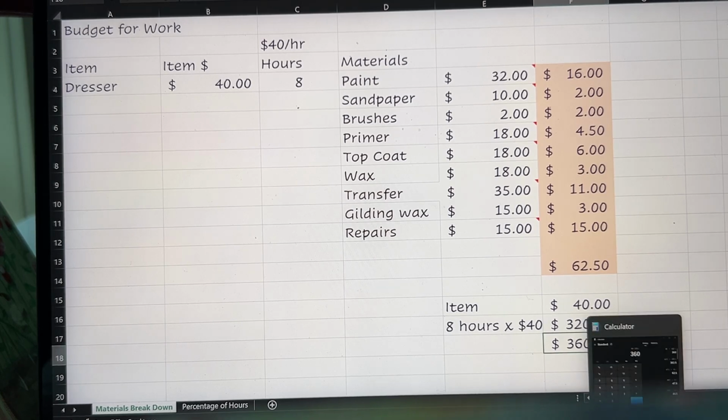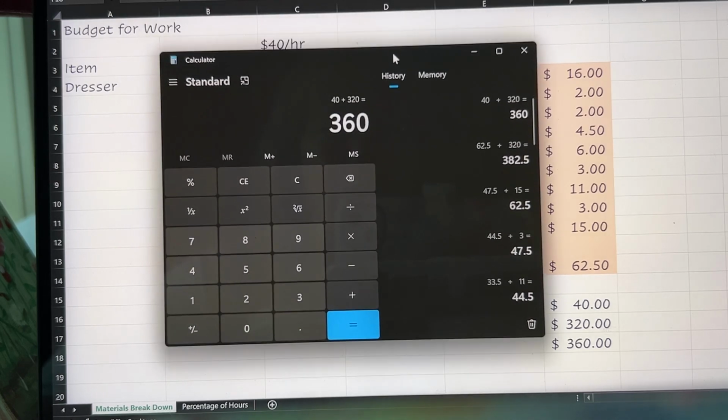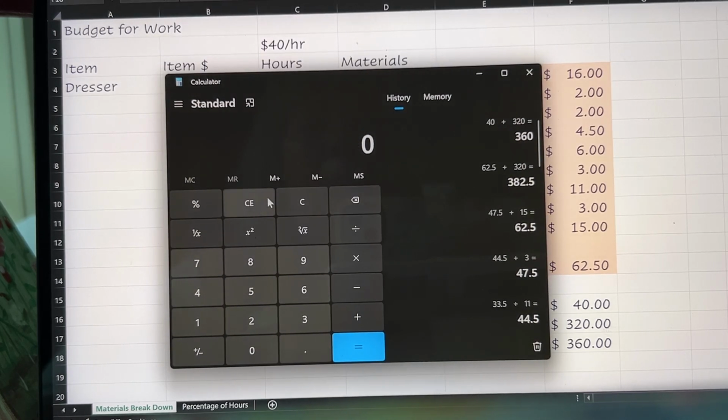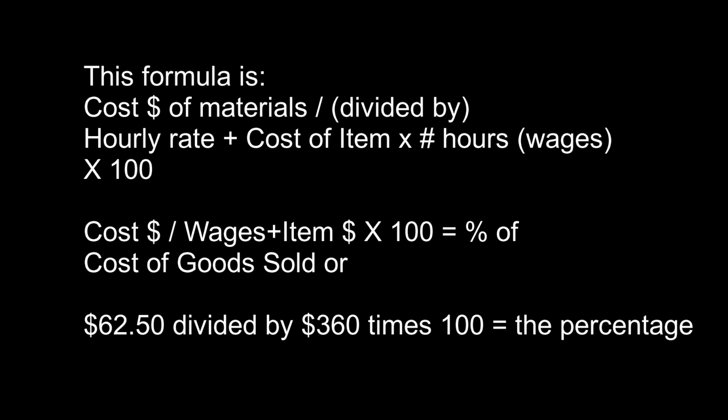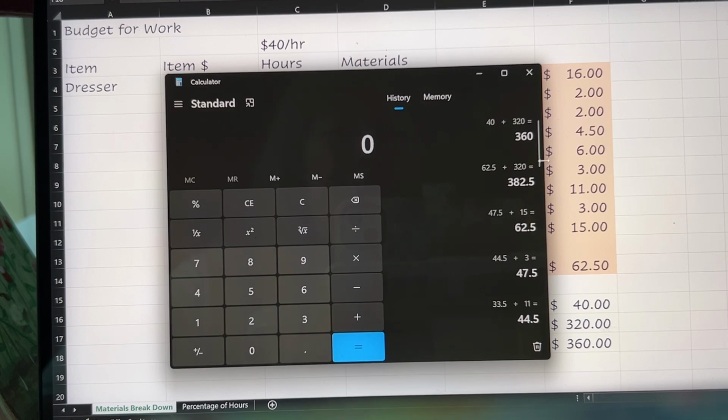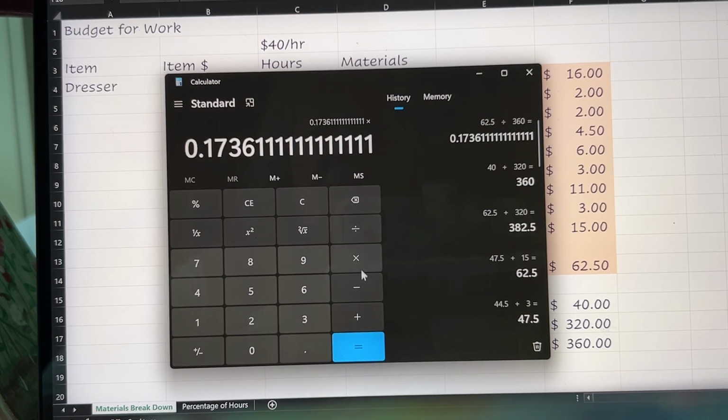So what I'm going to do is, and you probably know this already, so forgive me. 62.50 divided by 360 times 100.